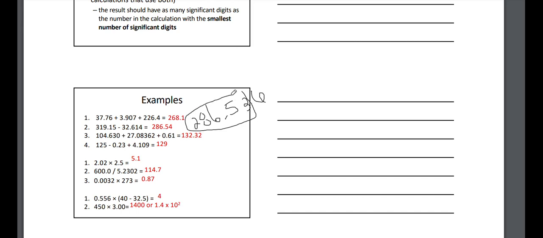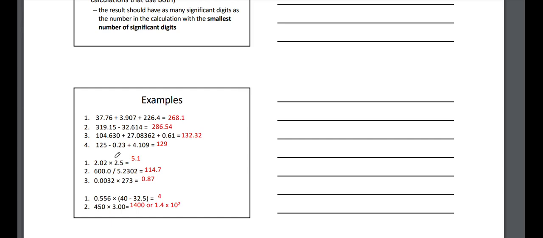So my number would be all the way down to 286.53. But before I do so, I'll need to look at the number next to the 3. Is it more than 5? Is it 5? Is it less than 5? It is 5 or more. It is a 6. So the 3 will have to round up to 4. So my final number would look like 286.54 because I rounded the 3 up to the next digit. Please pay attention to this.